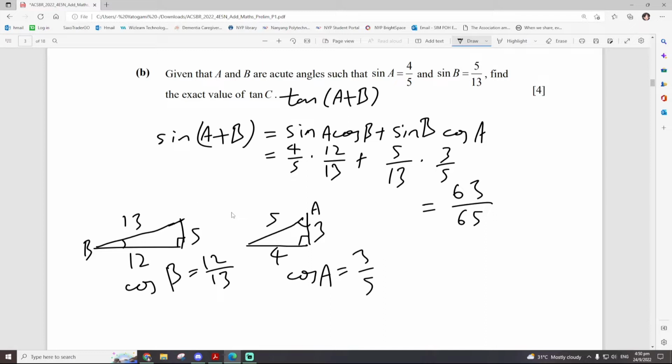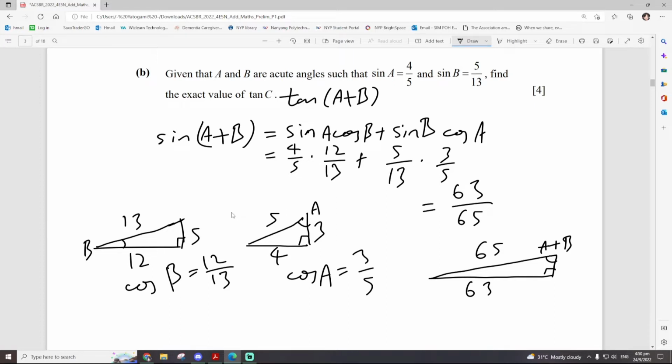But this is sine of A plus B. We want to find tangent of A plus B. So let's draw another right angled triangle. This is 65 and this is 63. Alright? And this is A plus B. What about this side over here?